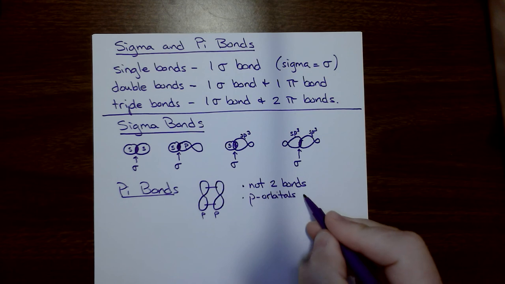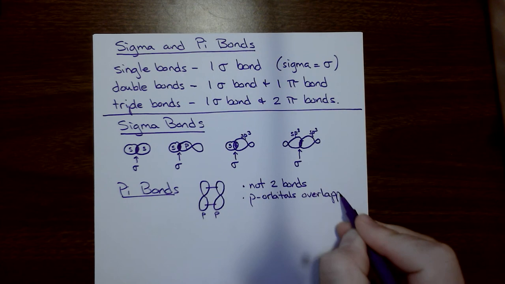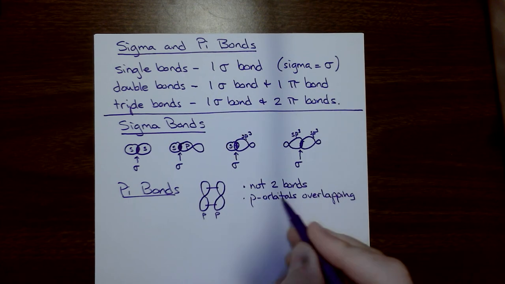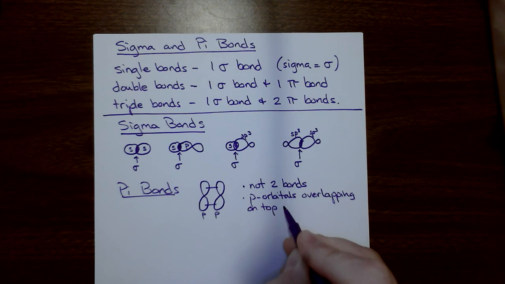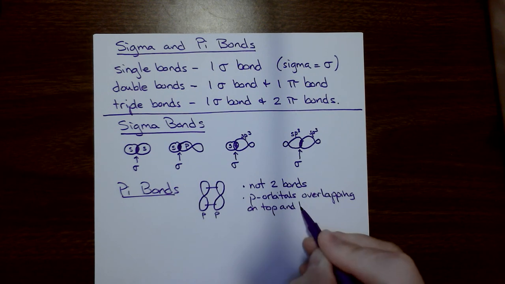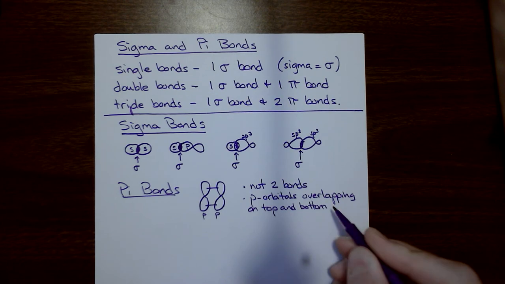So this is two p orbitals overlapping on top and bottom to form a single pi bond.